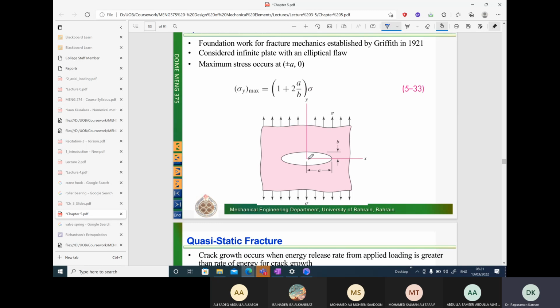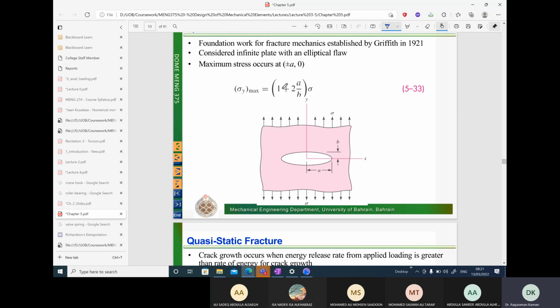We can take this ellipse to the limit where we keep A constant, and we reduce the minor diameter value B to a very small value. If you reduce it to a very small value, then the elliptical hole will behave like a crack. So that is the idea. We will take it to the limit and then try to predict.